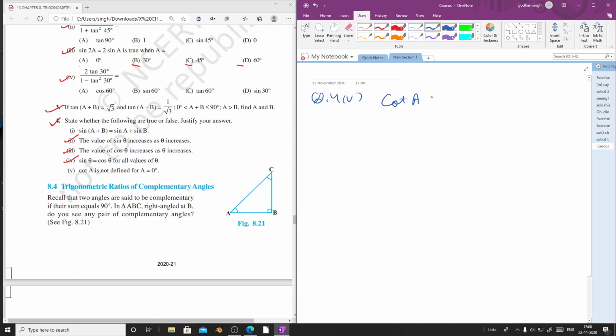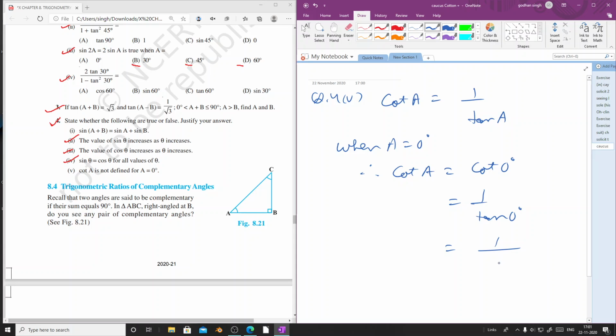We know that cot A is equal to 1 by tan A. So when A equals 0 degree, cot A equals cot 0 degree equals 1 by tan 0 degree. We know the value of tan 0 is 0, so 1 by 0, and 1 by 0 is not defined.